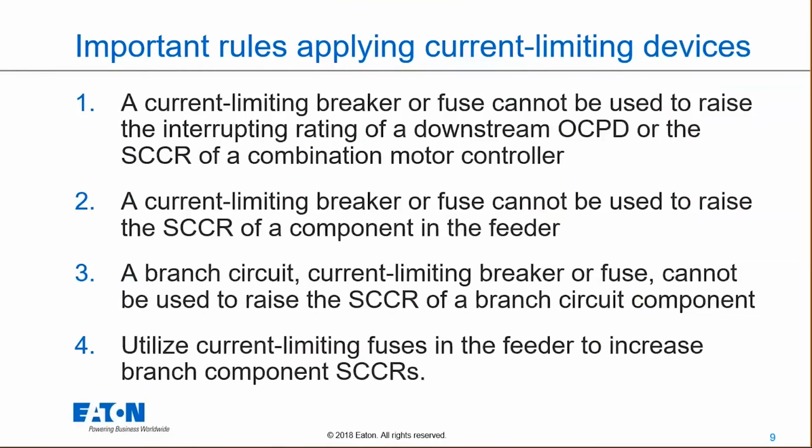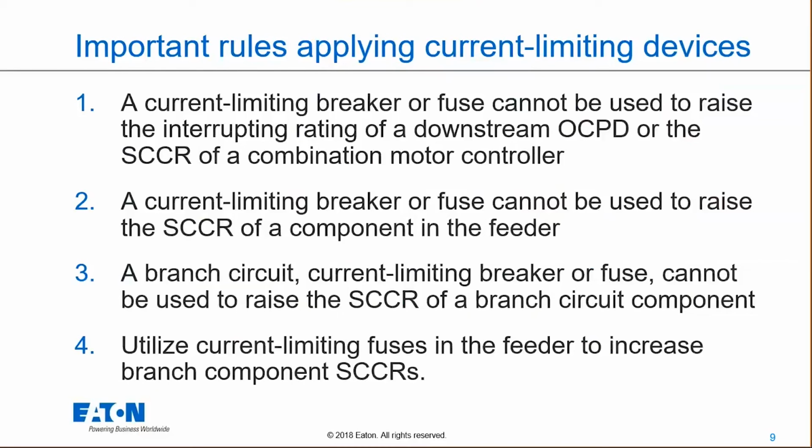Finally, number 3, a branch circuit current limiting breaker or fuse cannot be used to raise the SCCR of a branch circuit component. What that means is, once again, as I stated yesterday, if I have a component in a branch, I have a contactor, unless it's been tested with the device just ahead of it, the overcurrent protective device for the branch, I cannot use that device to raise the rating of it. So if I have a contactor, maybe some obscure contactor that hasn't been tested that well, and it's 5,000 amps, and I'm putting some Class CC fuses in front of it, those Class CC fuses are very good current limiting devices.